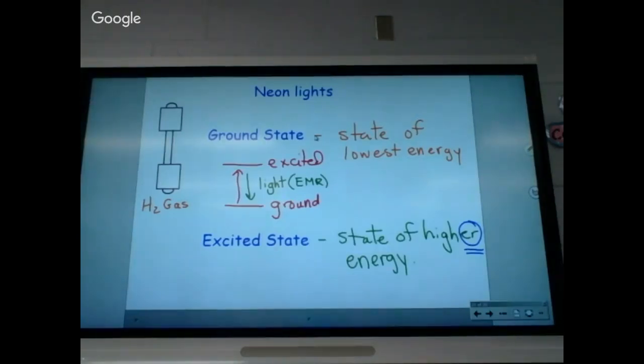So I'm using something that demonstrates visible light so you can see that it's visible light. Because if I was giving off gamma waves, it's nuclear radiation, you wouldn't be impressed. But UV, you wouldn't be able to see. Microwaves, you wouldn't be able to see. So I'm using something that we can see.